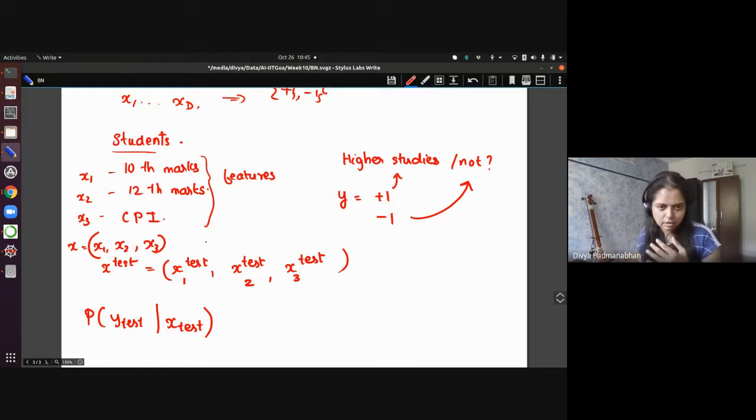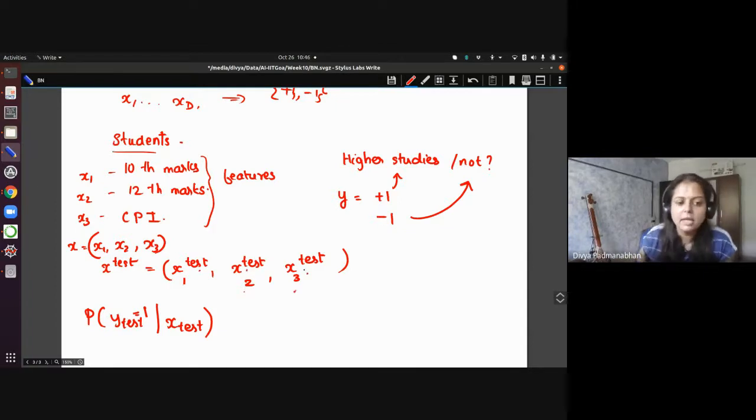You can have it either way. So that's why it's a random variable. And typically, this is what you want to learn: the value of y test. What this means is the probability that y test is 1 given the values of x test. So given x1 is this, x2 is this, x3 is this. This is what you will want to evaluate.